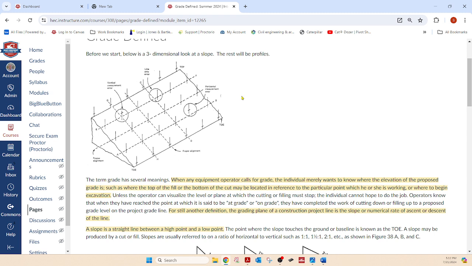We want a 12-inch lift because we're 2 to 1. So he's going to dump that lift down there, and that's going to be a 2 foot slab here, and hopefully 1 foot long.